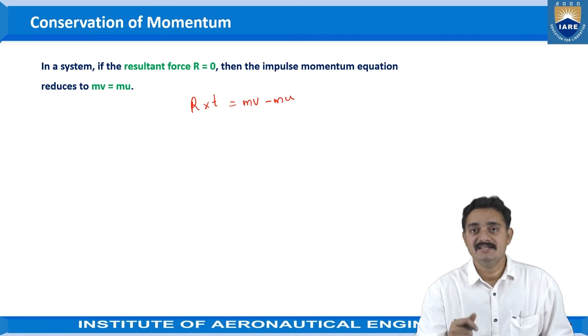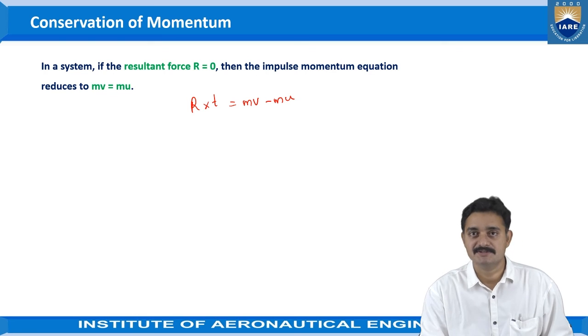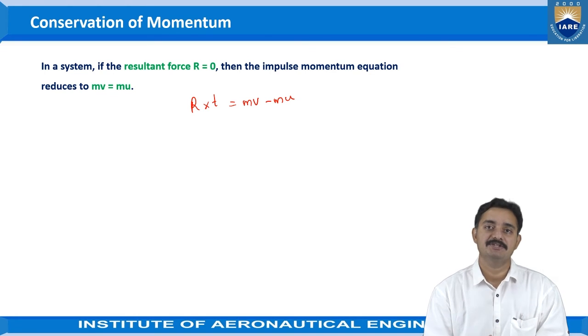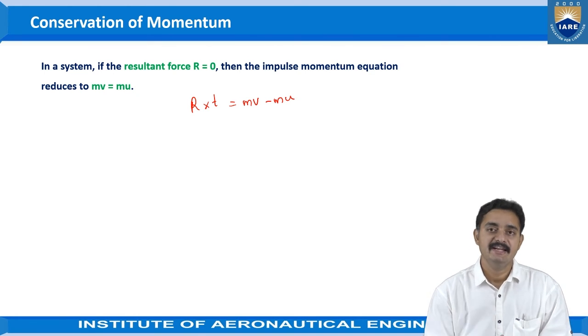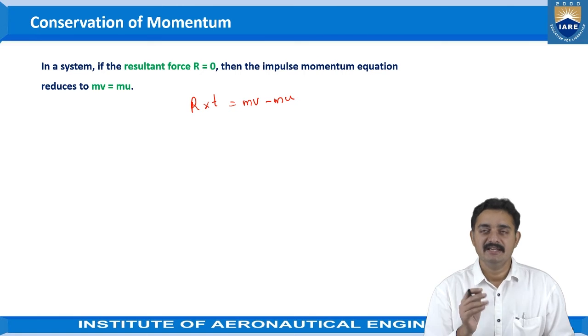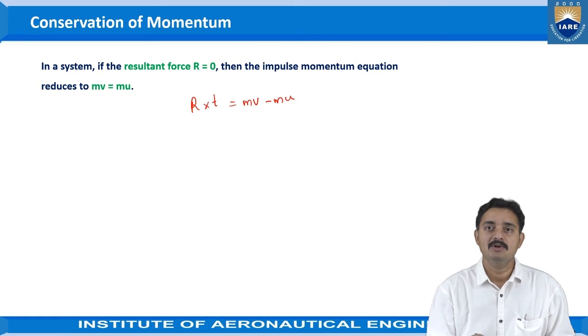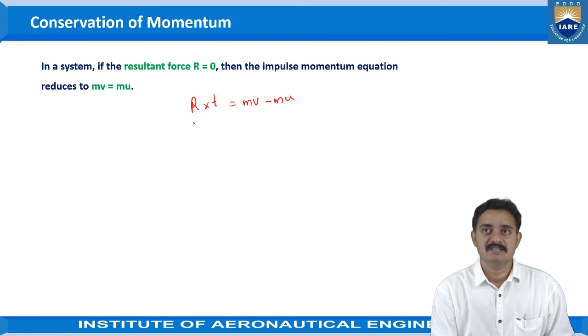Now, when the resultant is equal to 0, that means it is an equilibrium condition system. In an equilibrium system, the resultant would be 0, isn't it? So if the resultant is 0, then what happens? 0 is equal to mv minus mu.